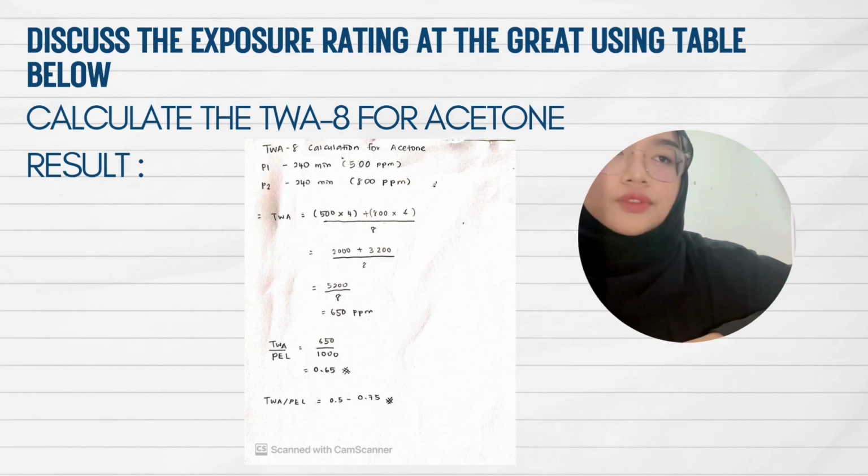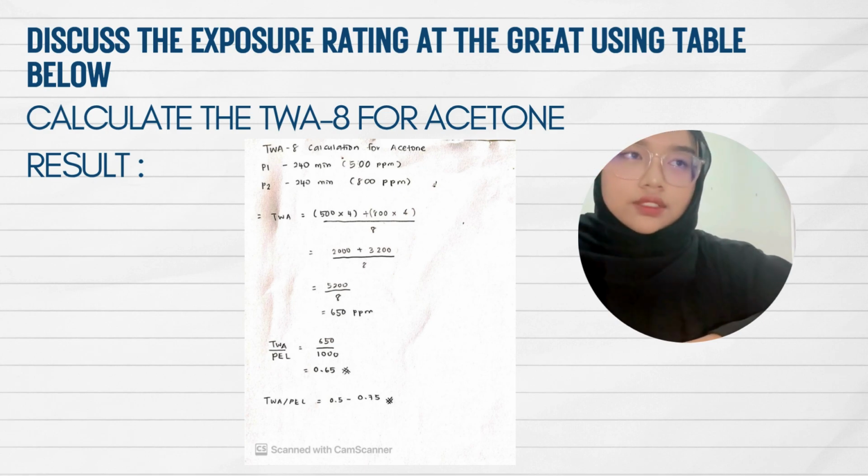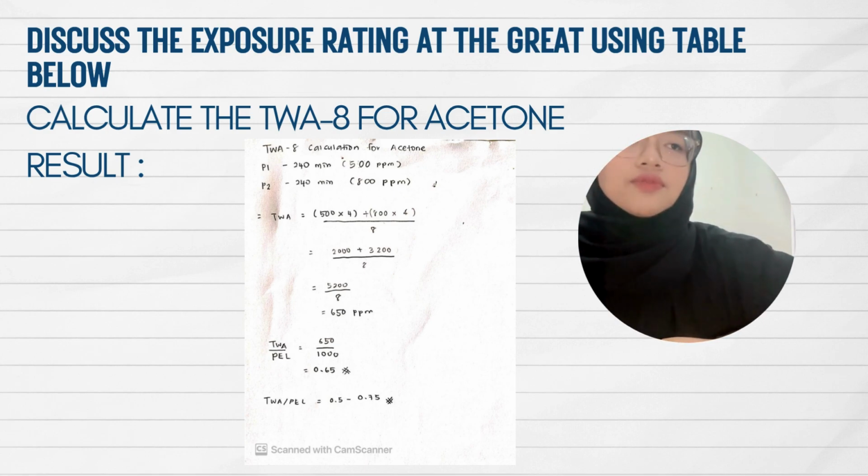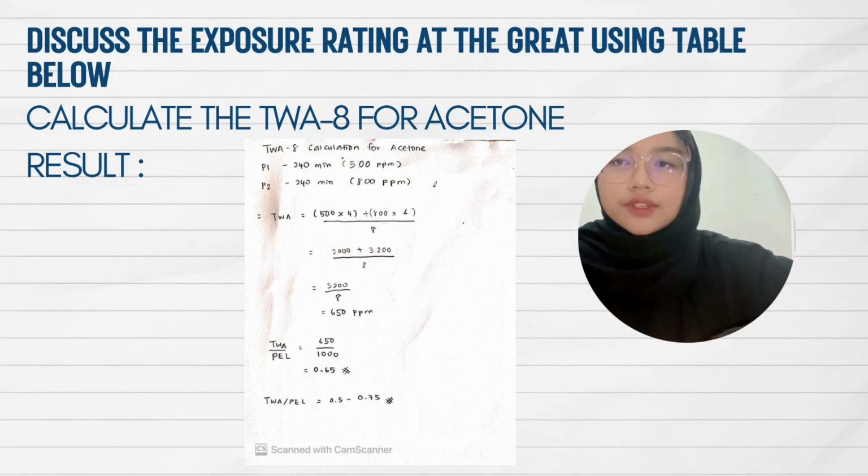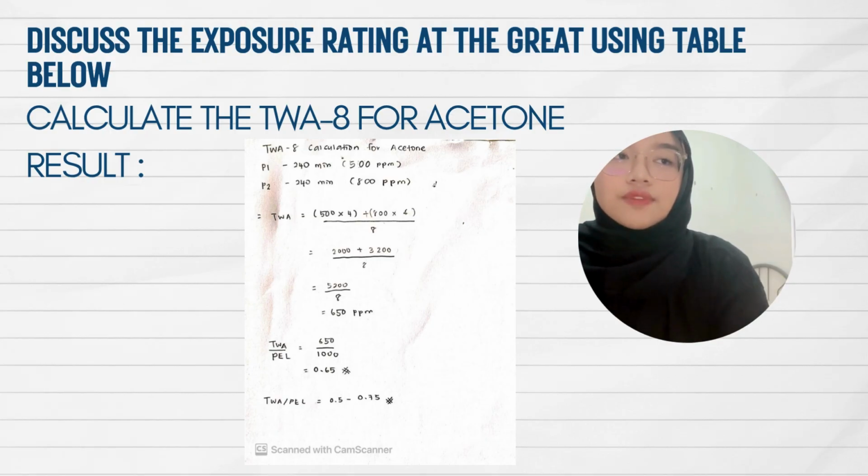Hi, I'm going to explain the purpose of the calculation, which is to determine the time weighted average or TWA8 for acetone exposure during an 8-hour work shift. This helps us understand how much acetone a worker is exposed to on average and whether it is within the safe limit set by regulations.